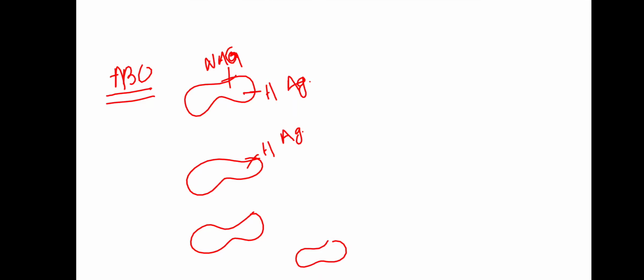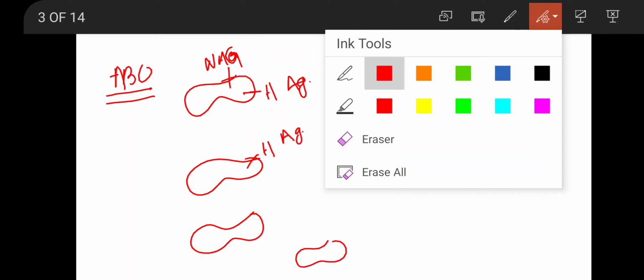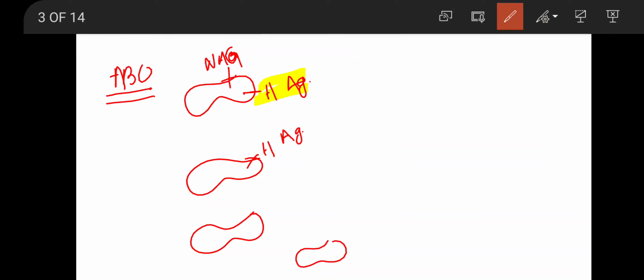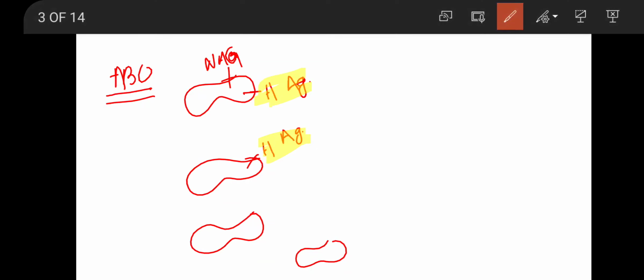For example, H antigen with N-acetyl galactosamine. So in ABO blood grouping, the most important thing is the H antigen, because in all ABO blood groups, you will get this H antigen.